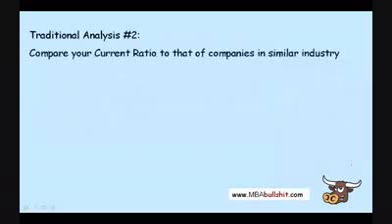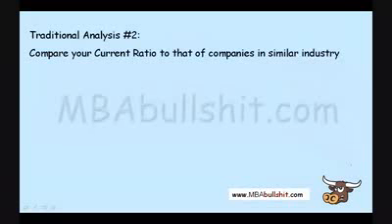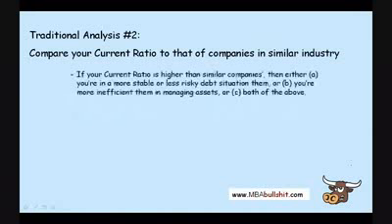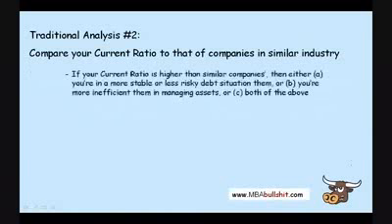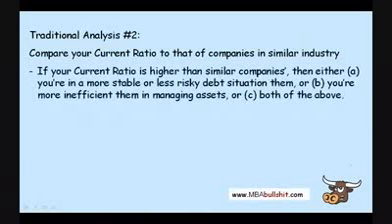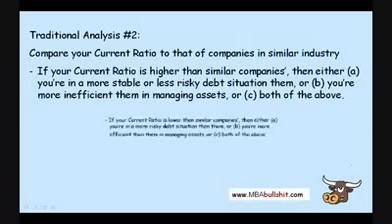And the traditional analysis number 2 is to compare your current ratio to that of companies in similar industry. I'd like to stress similar industry because it's normal for companies from different industries to have very different current ratios. So if your current ratio is higher than similar companies, then either you're in a more stable or less risky debt situation than them, or it could also mean that you're more inefficient than them in managing assets, or both of the above.